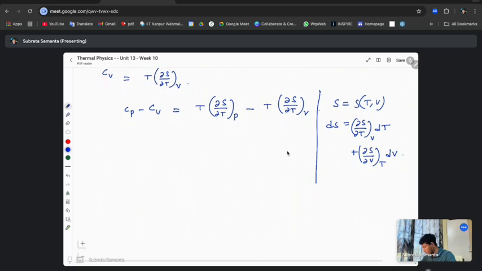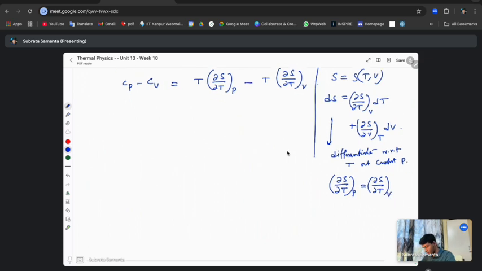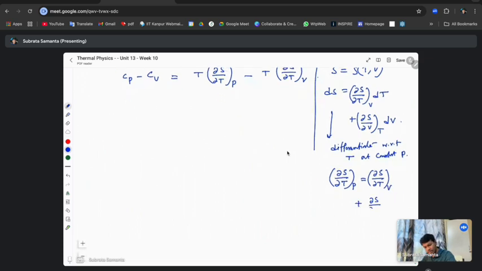Differentiating with respect to T at constant pressure, del S del T at constant pressure equals del S del T at constant volume plus del S del V at constant temperature times del V del T at constant pressure.